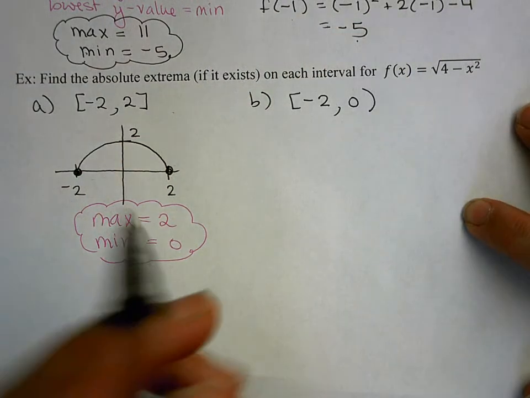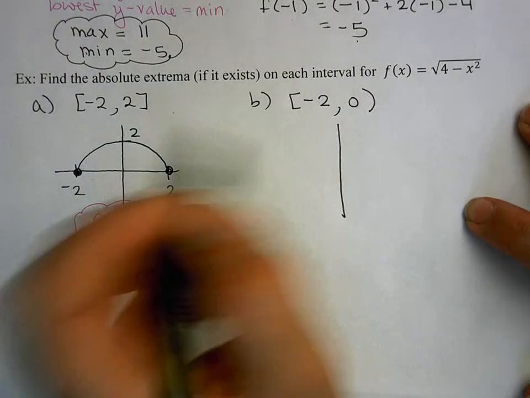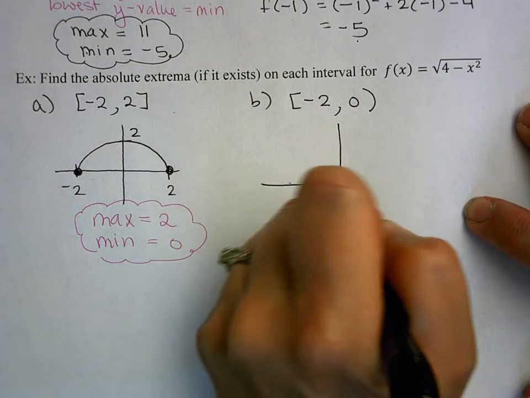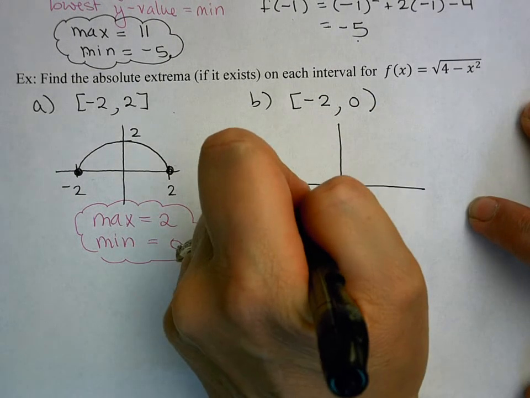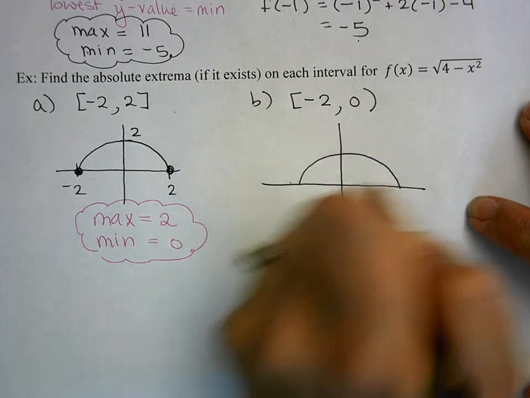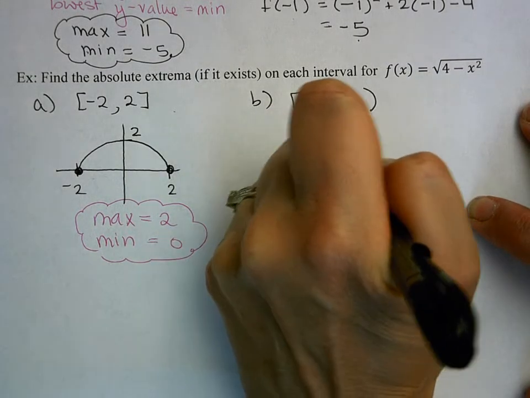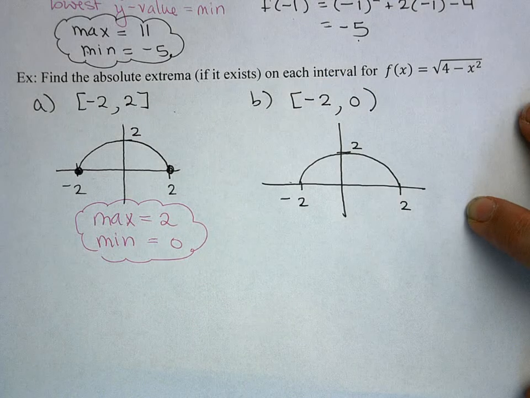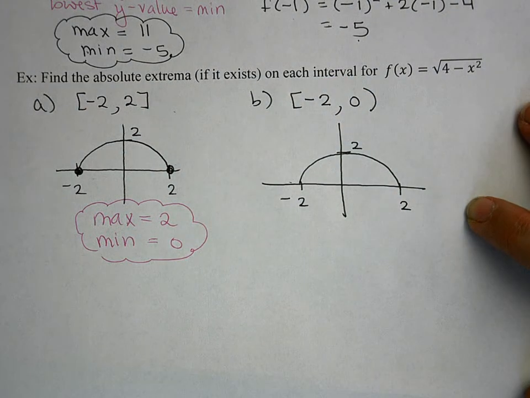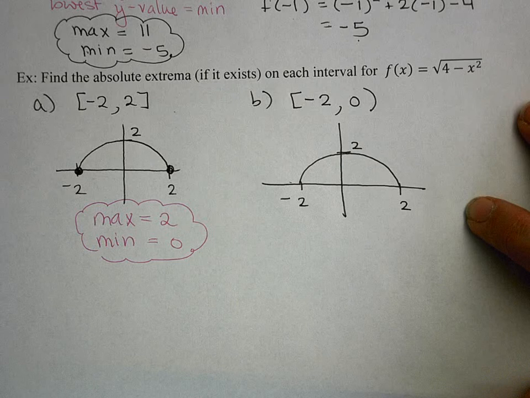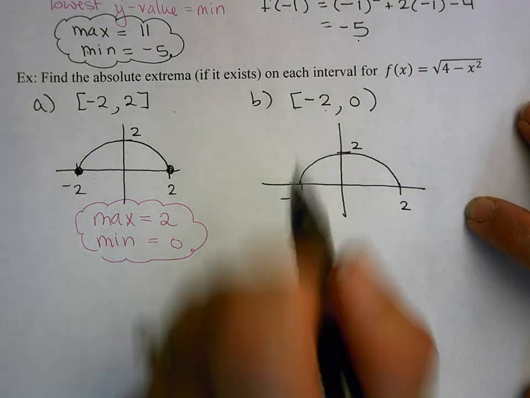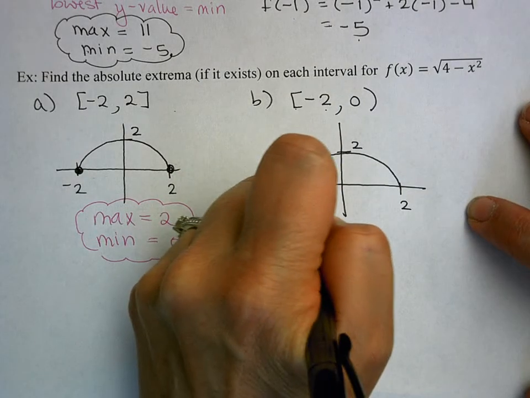Okay, so it's still the semicircle with a radius of 2. And then for our interval, we are closed on the -2 and open on the 0.